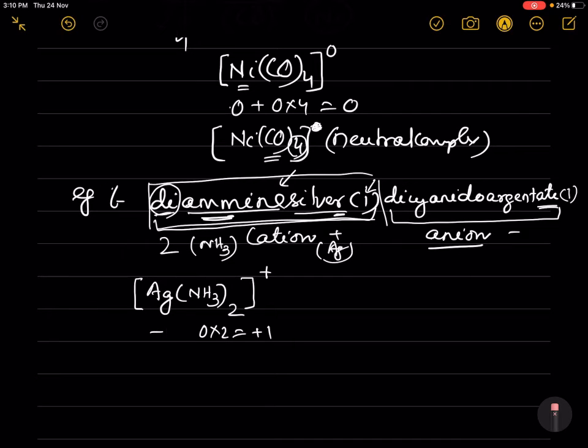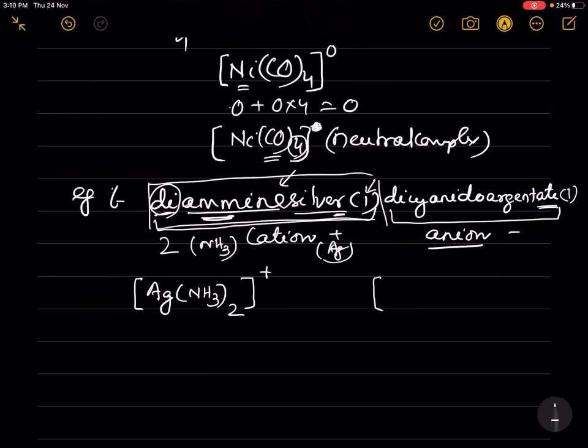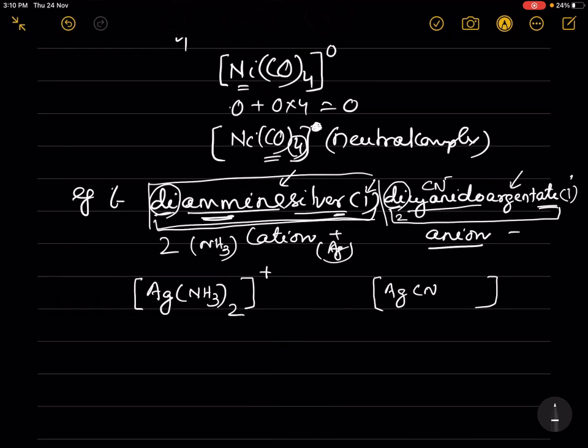Let me write the anionic part. In square bracket you will write argentate, meaning silver. I have to write the metal first, Ag, then di means 2, cyanide means CN. No need of writing minus over here, as there are 2 cyanide ligands, so I should write 2 in the subscript after writing the parenthesis, Ag(CN)2.